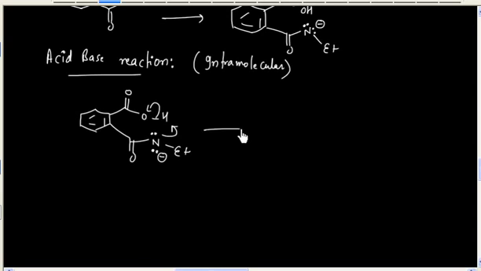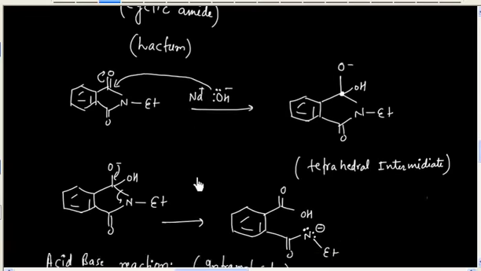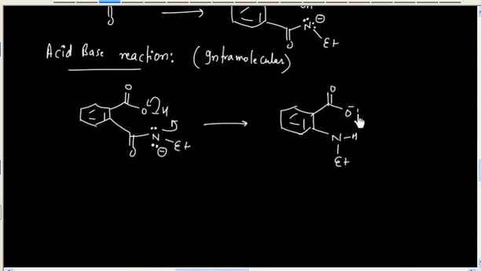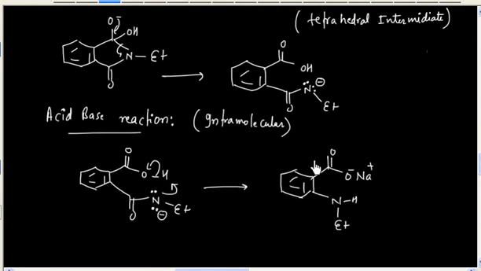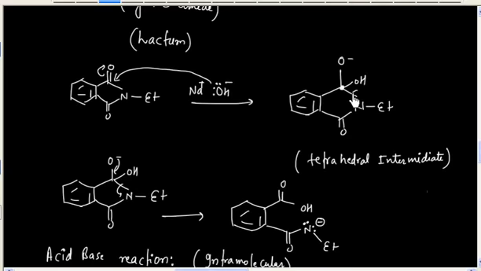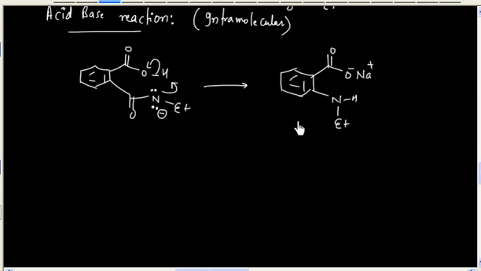Nitrogen will take a proton so we will have this product. Let us say the medium has Na plus, so we will have the sodium salt of acid. So this is half hydrolysis. What we have done, we have broken this bond and we have added a hydrogen to the nitrogen. So this is half hydrolysis.